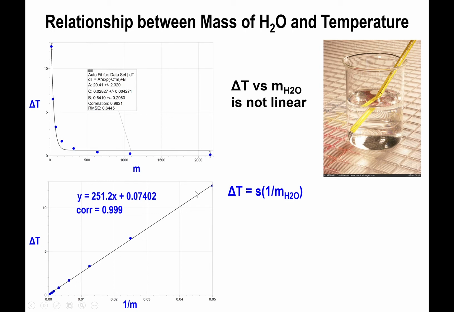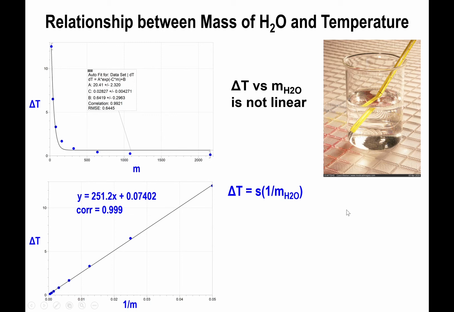Since this is a line, there's going to be a slope associated with it, and notice that the value of the intercept is pretty small, meaning that this is probably within error supposed to be 0. So I'm going to exclude the y-intercept for now and only focus on the slope. So we have the change in temperature for y, inverse mass of water on the x, and then we'll have some slope.